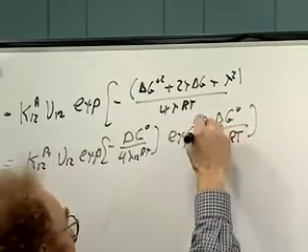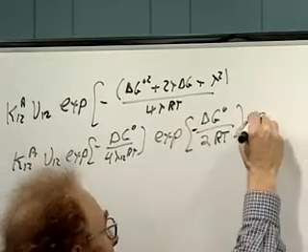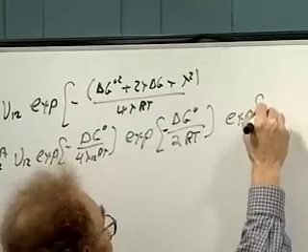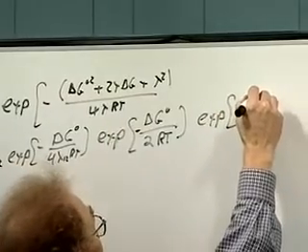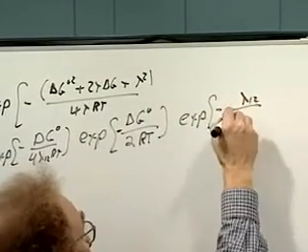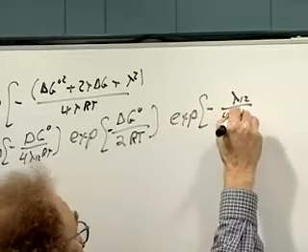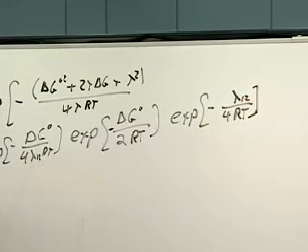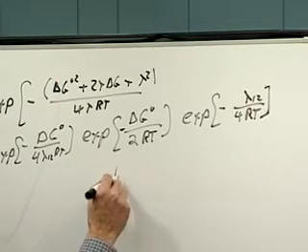I guess it's a minus sign. Lambda 1,2 over 4RT. Okay? This term is just K12.